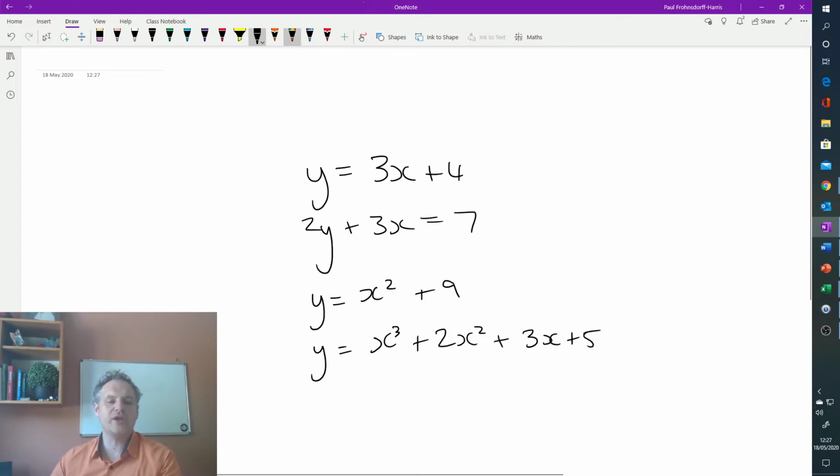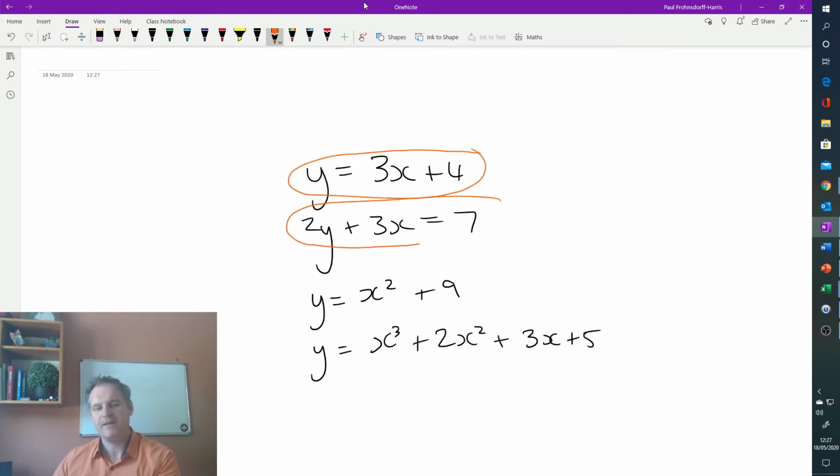The two that we know will be straight lines are this one and this one. And this is because when it's got a normal amount of y, the biggest amount of x is just normal x. That's what tells us it's a straight line.